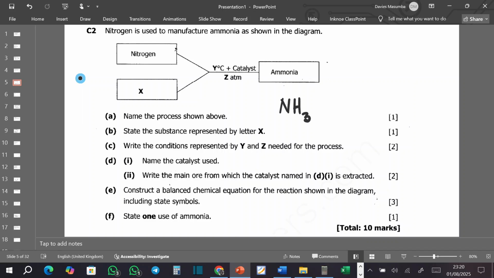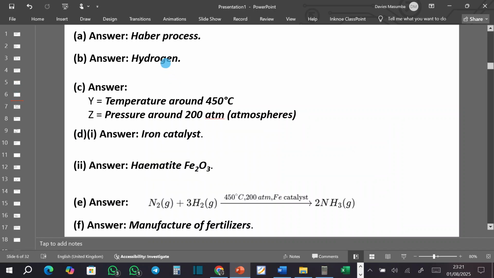Nitrogen is already given there, so the missing one is definitely hydrogen. So when they say state the substance represented by letter X, it is hydrogen. Nitrogen and hydrogen will give you ammonia. So the answer here is hydrogen.